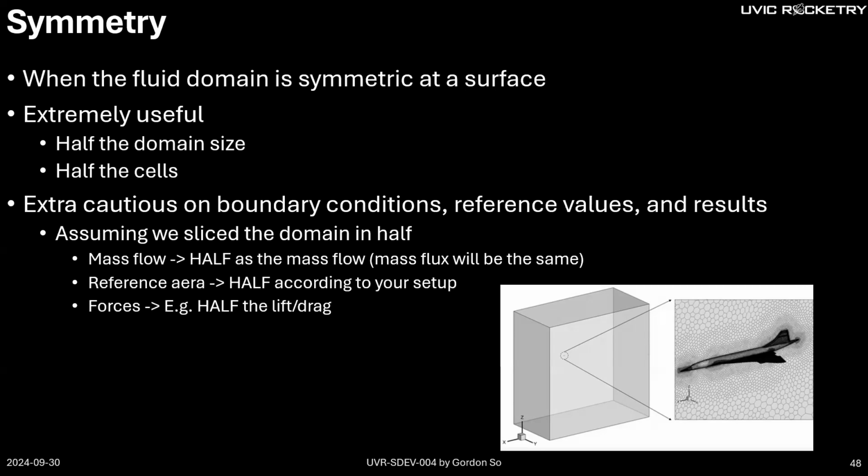Because you're just slicing it in half. However, remember that density-based quantities like mass flux will be the same because we're just using your area to calculate. Just make sure you use the right area for any reference value because it can throw off your result by half. And you may be struggling for days, like, what did I do wrong? And then it's just one single value. Don't ask me why. I know that.